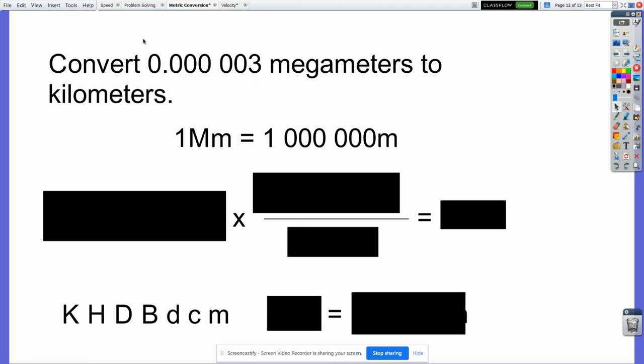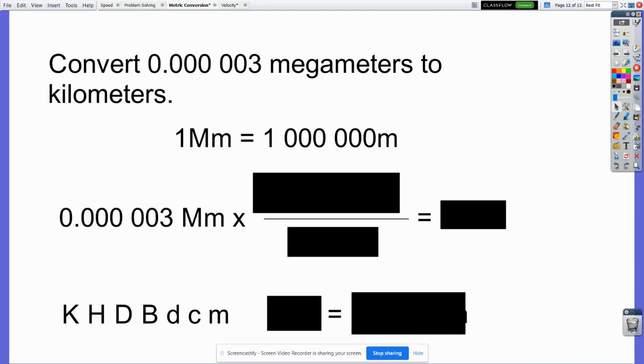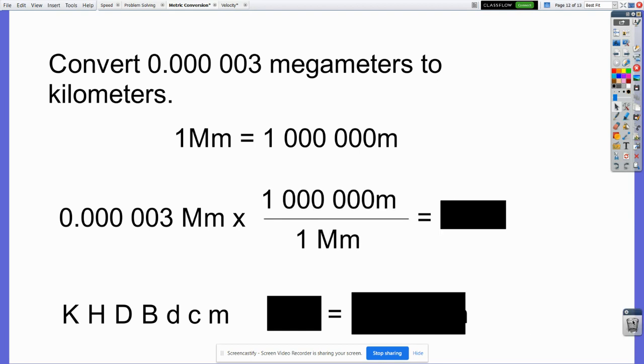I start with my given, the 0.000003 megameters, times, and then the fraction bar. The number that's going to go on the bottom is going to be the number that has the unit megameters. That's the 1. And again, the goal is because of unit cancellation. I need my numerator and my denominator for the units to cancel. The other number, the 1 million meters, goes on top.